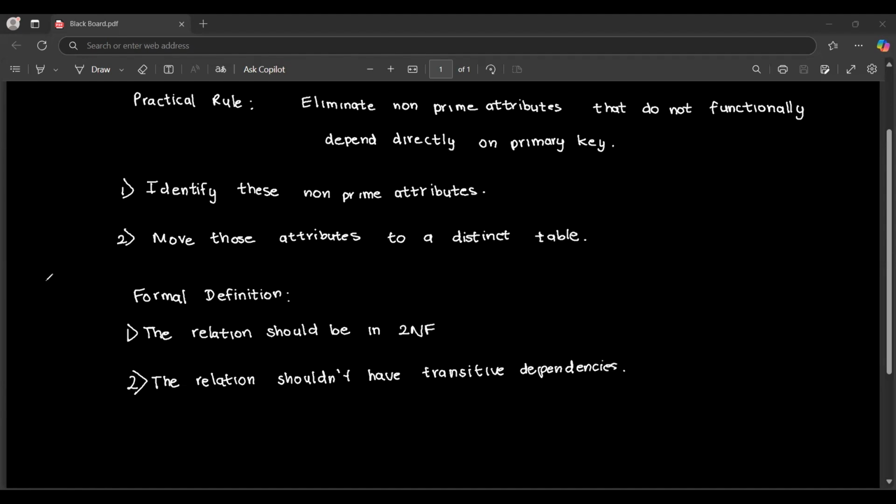So let's solve the question that we had in our hands. We had student, course. Here the problem was score was determining the grade. We had student ID, course ID, score, and grade.